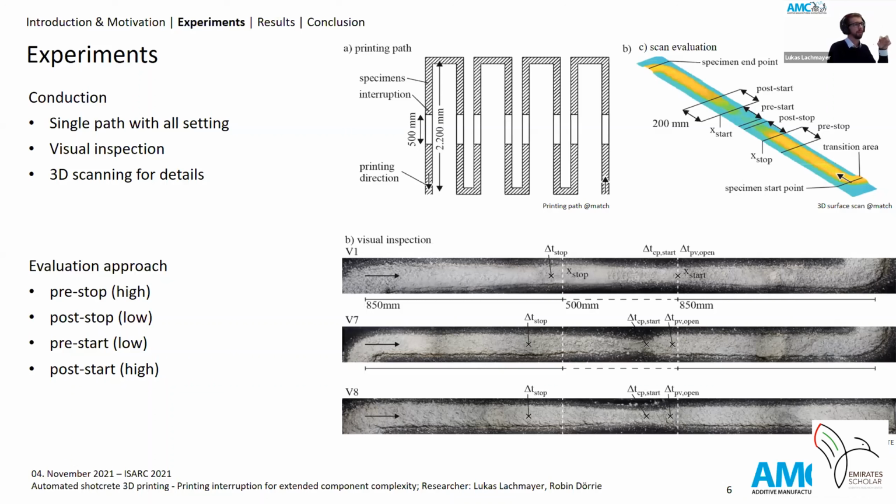And we stated that within the pre-stop area, we want a higher amount of material within the gap. So post-stop and pre-start, we want at least near close to no material. And in post-start, we want the highest amount of material, similar to pre-stop process. And yeah, we then were able to calculate the volume of material based on those scans.